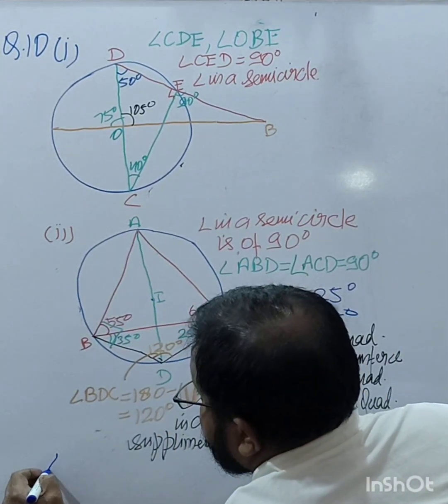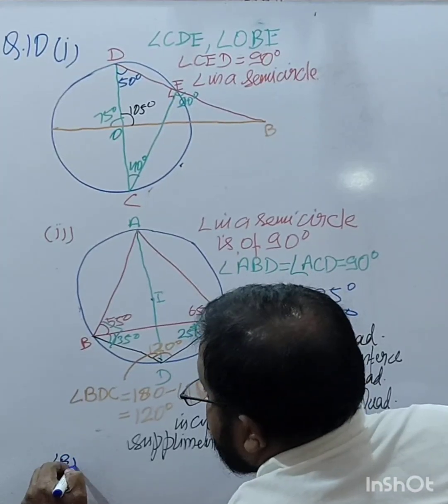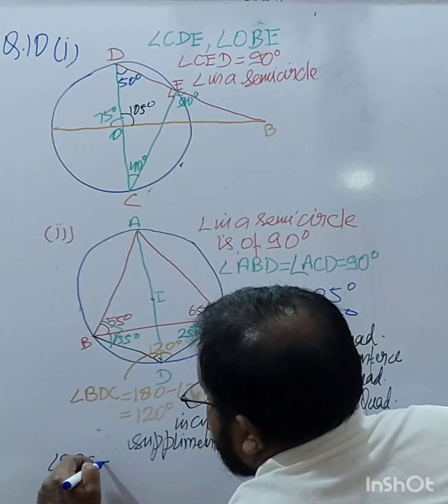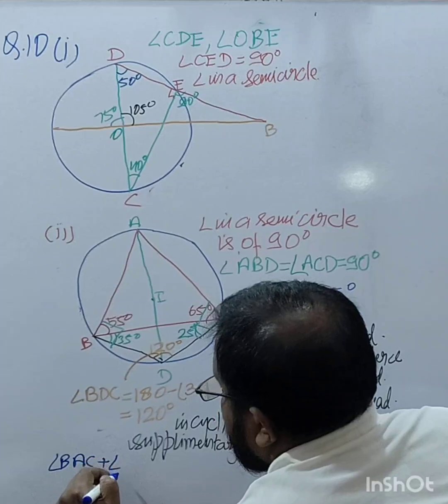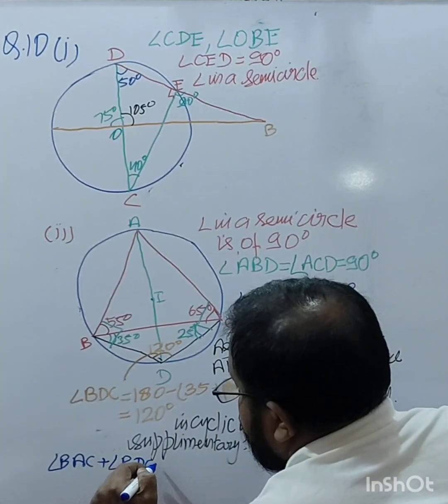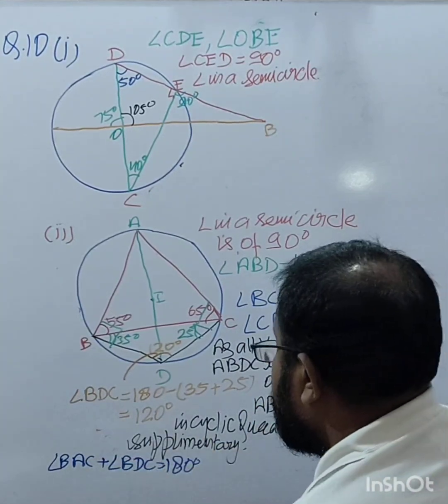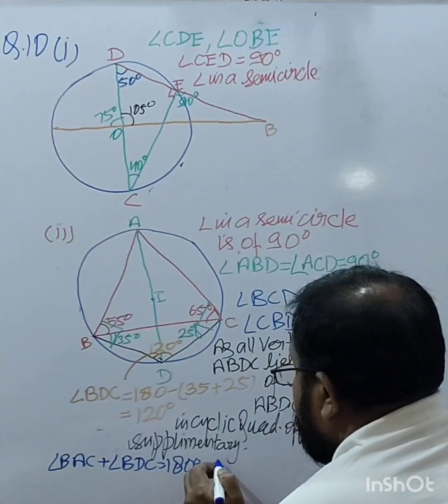So it means angle BAC plus angle BDC is equal to 180 degree, and BDC is 120 degree.